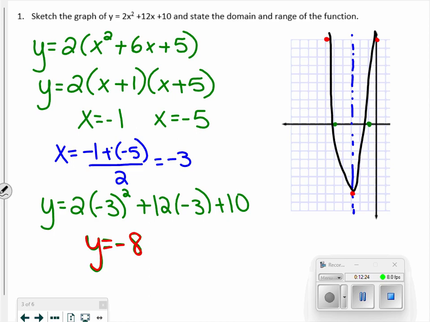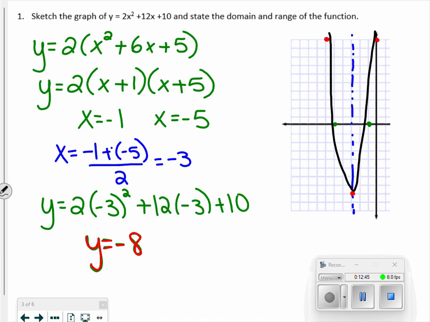Okay, so when you're using the x-intercepts, what I'm looking for is the x-intercepts, their matching points, the vertex, the y-intercept, and its reflection point. Because remember that they're symmetrical. So just another way to draw it. That was it, I think, for that question.